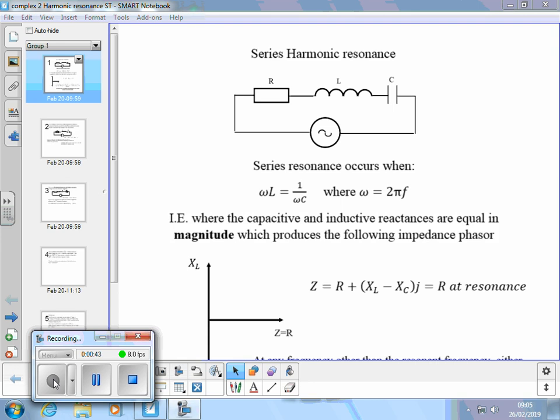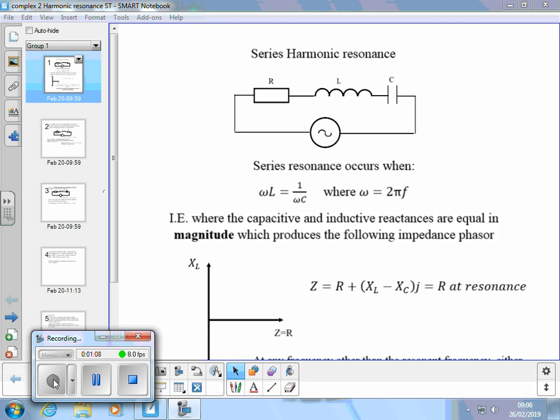Series harmonic resonance. This series resonance occurs when omega L is equal to 1 over omega C, i.e. when the capacitive and inductive reactances in the circuit at that frequency are equal to each other.